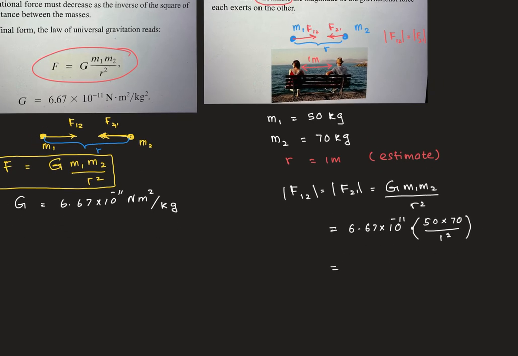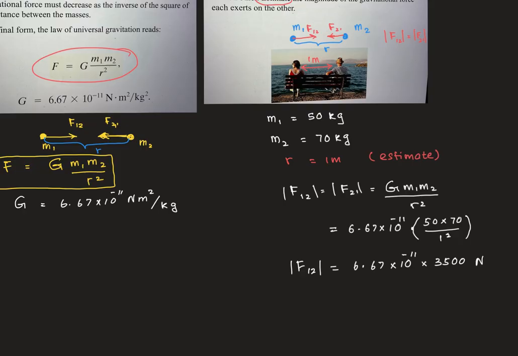So here you will have 6.67 times 10 to the negative 11, and 50 times 70 is 3500, and you can do the multiplication and find the force exerted between these two people.